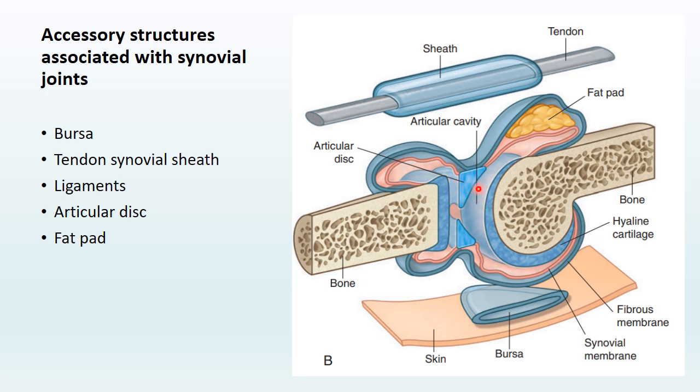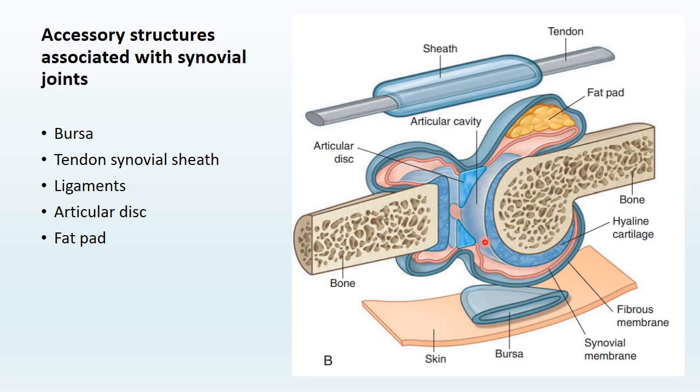The other structure is called articular discs and they are fibrocartilage, a special type of cartilage, present within the synovial joints. Is it in all joints? Of course not. It is in some joints that are weight bearing joints, joints that are exposed to compression, like what? Like the knee joints, one of the most famous joints that have articular fibrocartilage discs.